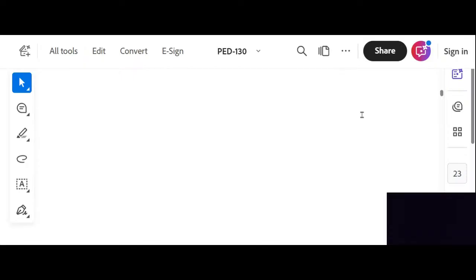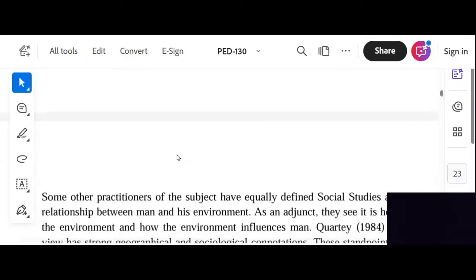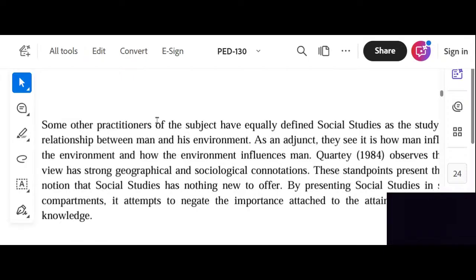part of the material. Why are we having blank spaces? So some other practitioners of the subject have equally defined social studies as the study of relationship between man and his environment. Well, the first definition we got was that it is the amalgamation of knowledge, the knowledge of art and social sciences.